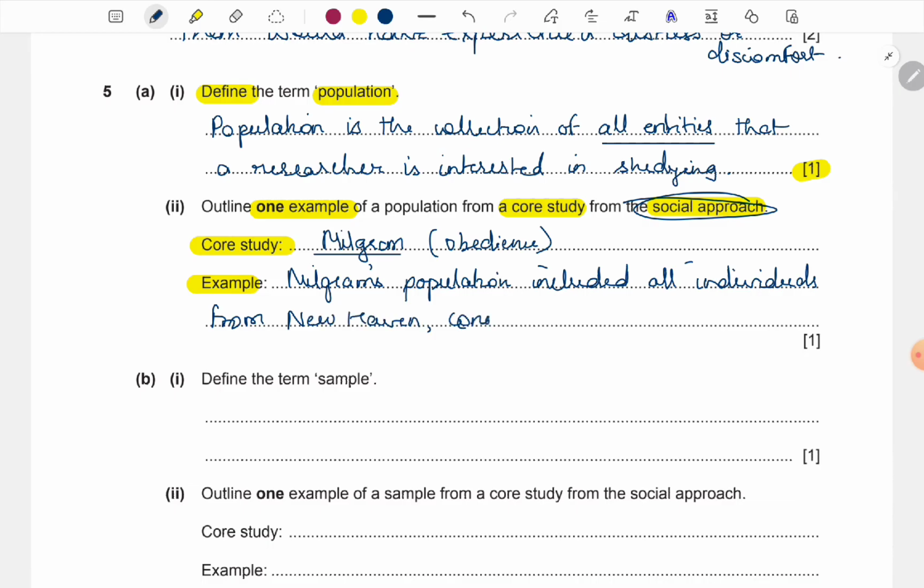Even if you just say New Haven or Connecticut, either one, that is fine, who were reached out to by newspaper advertisement or direct mail solicitation.